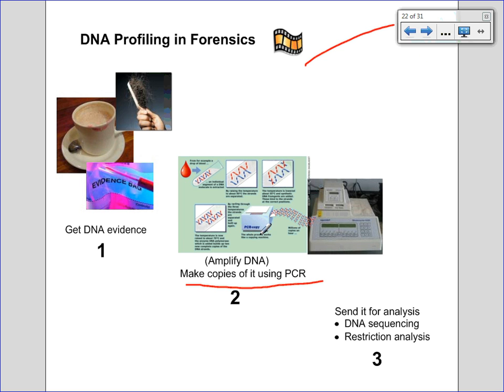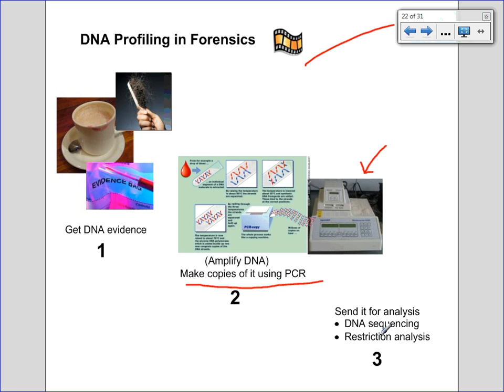You don't necessarily have to know what those letters stand for, but basically they take that little bit of DNA and put it into a machine with certain solutions, and it goes through a series of reactions to make a whole bunch of copies, kind of like a photocopier, so that they can send it for analysis.